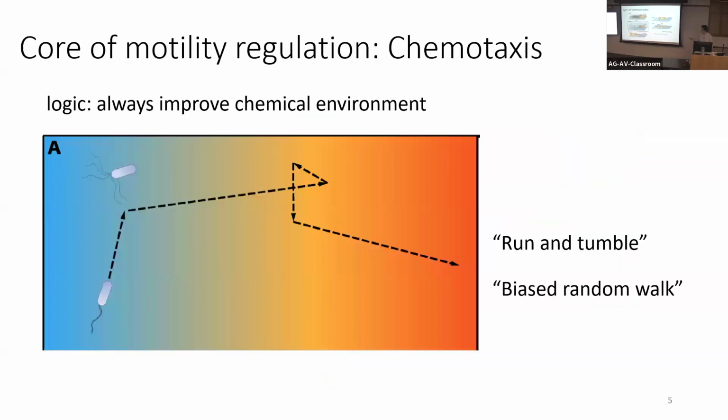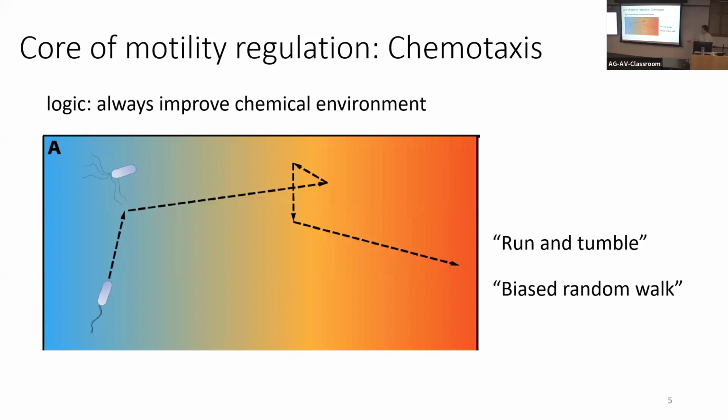Now, motility in bacteria in general has been a topic of study for the past half century or more. The most well-known model of motility regulation in all of bacteria is chemotaxis. This is a kind of algorithm built into the bacteria that follows a very simple logic: it always wants to improve the chemical environment for the bacteria.